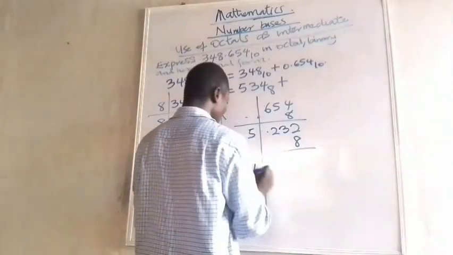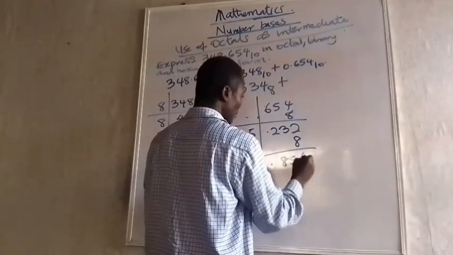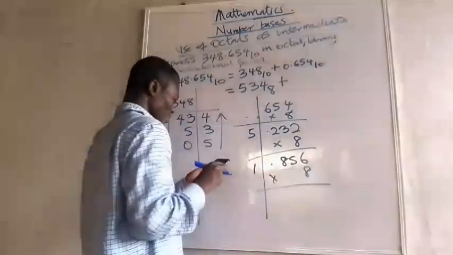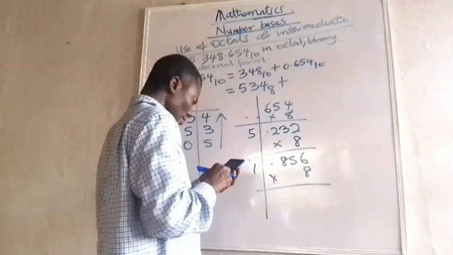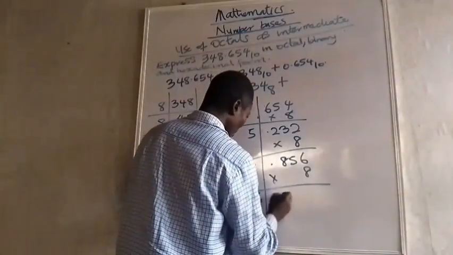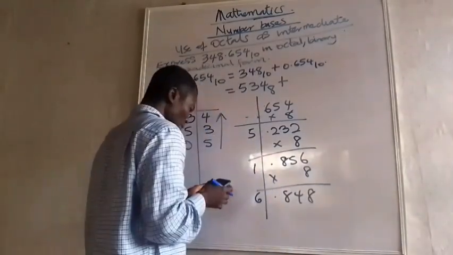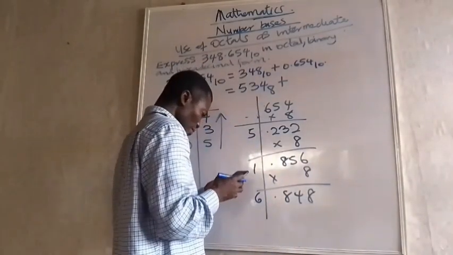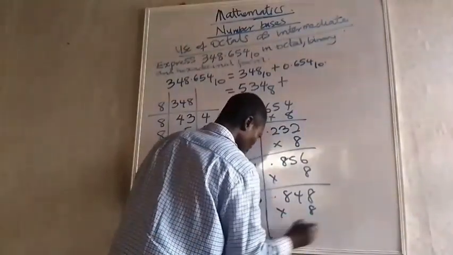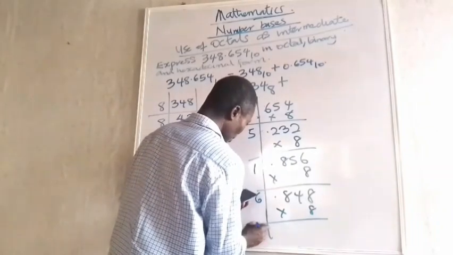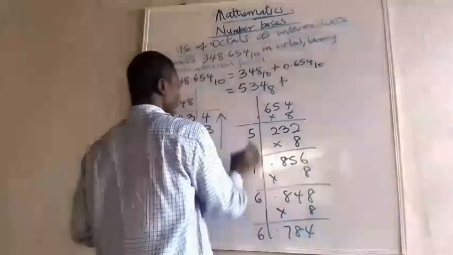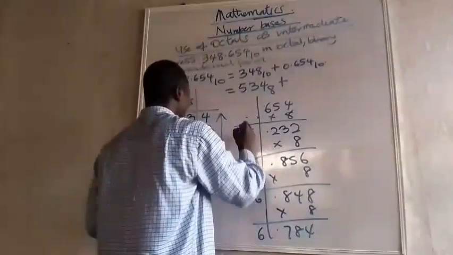So I'm going to have 1.856. I multiply again by 8. This gives me 6.848. I think I have done this one before. So this is giving me 6.784. So this portion will now be, I will now write it down.